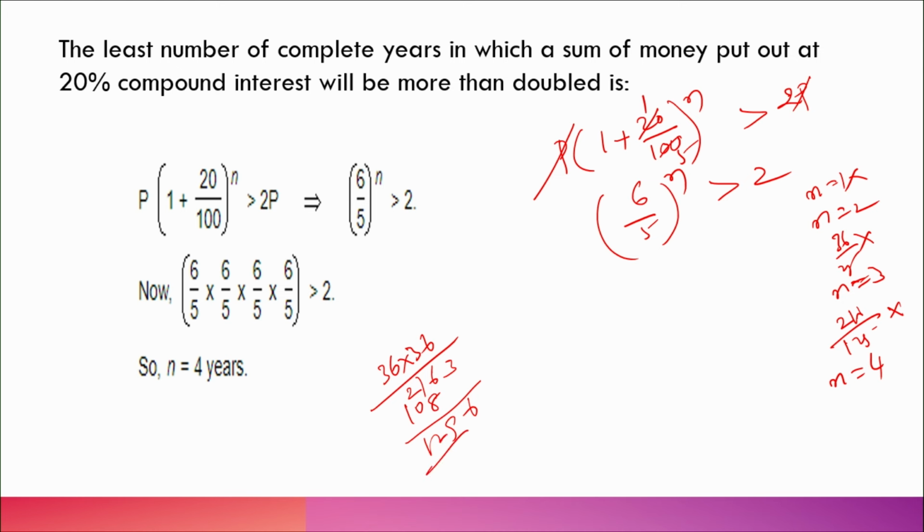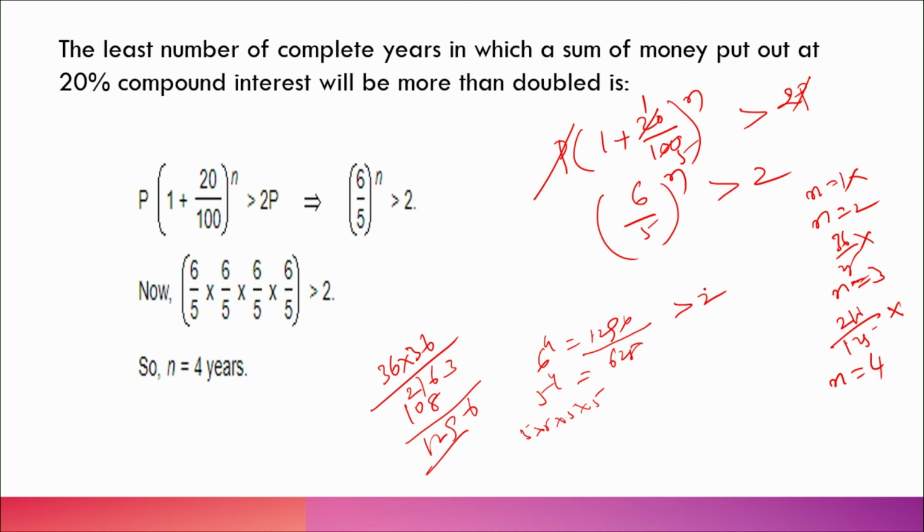So 6 to the power of 4 is 1296 and 5 to the power of 4 is 625. Correct: 5 times 5 is 25, 25 times 5 is 125, 125 times 5 is simply 625. So 1296 by 625 is more than 2.